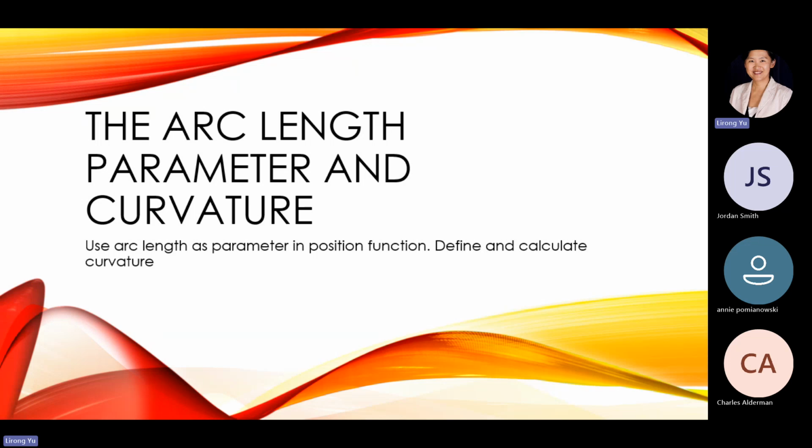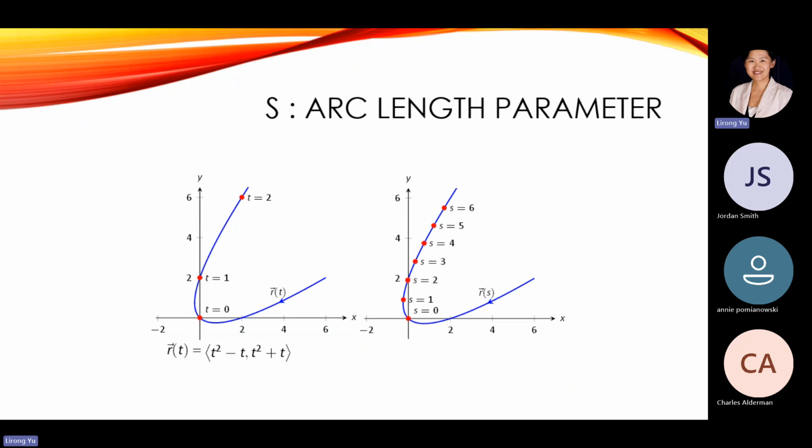Let's start with the definition of the arclength parameter. Here is illustrating the same thing that we were saying. This is actually our example. The example that we had in the last 2 sections was about an angled parabola. So this is t squared minus t, and this is t squared plus t. It was the x value and y value for the position.